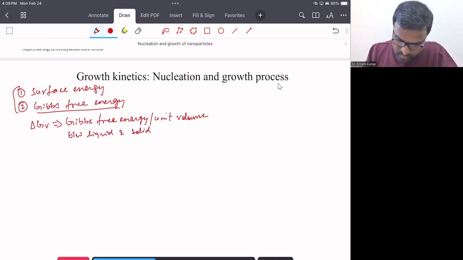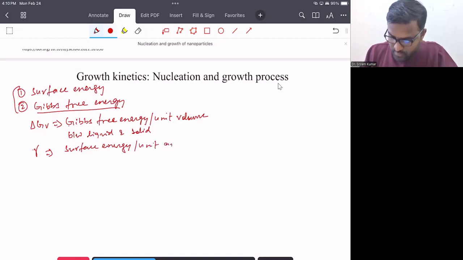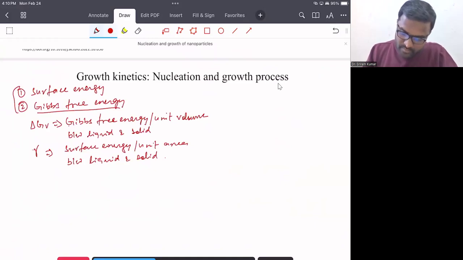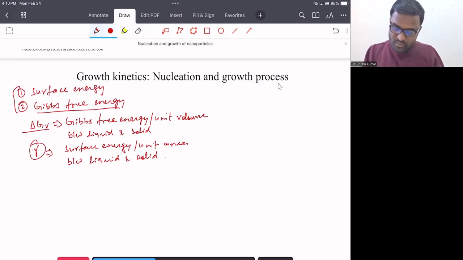And I should write here gamma, that is the surface energy per unit area between liquid and solid. So we have the volume contribution, and we have the surface energy contribution.